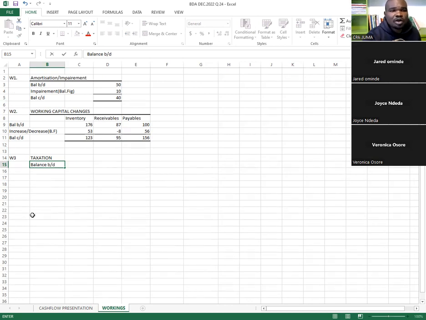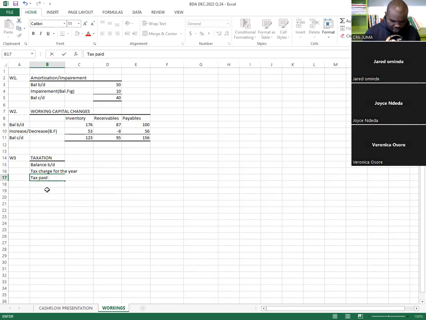So how much was your opening tax balance? Then how much were you charged for the year? So tax charge for the year. Then you skip one line. The line you're skipping is going to be a balancing figure. The tax paid.